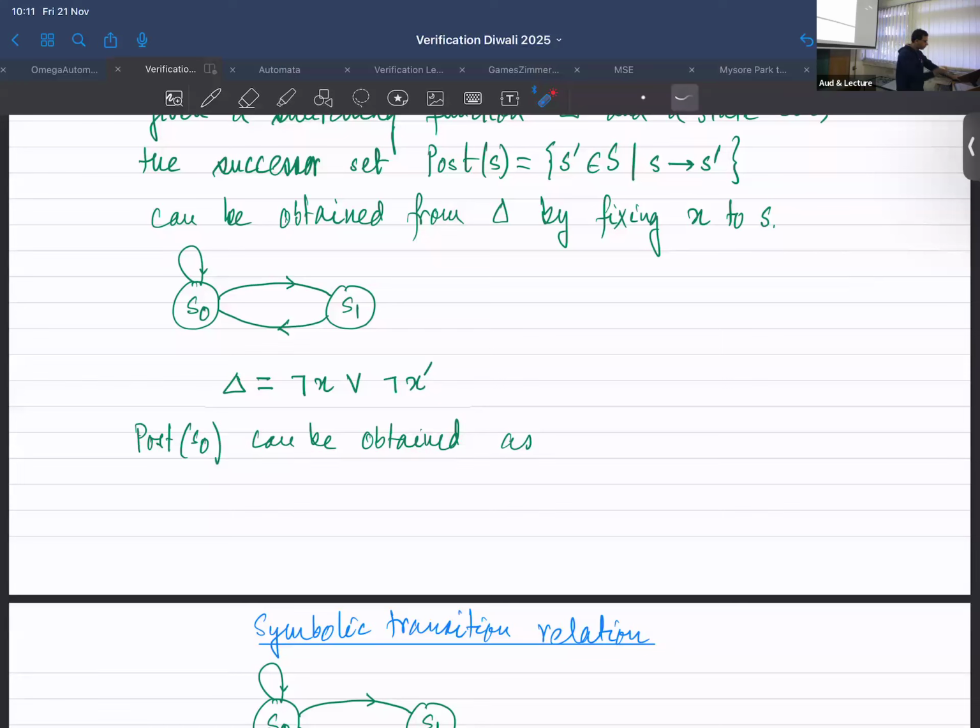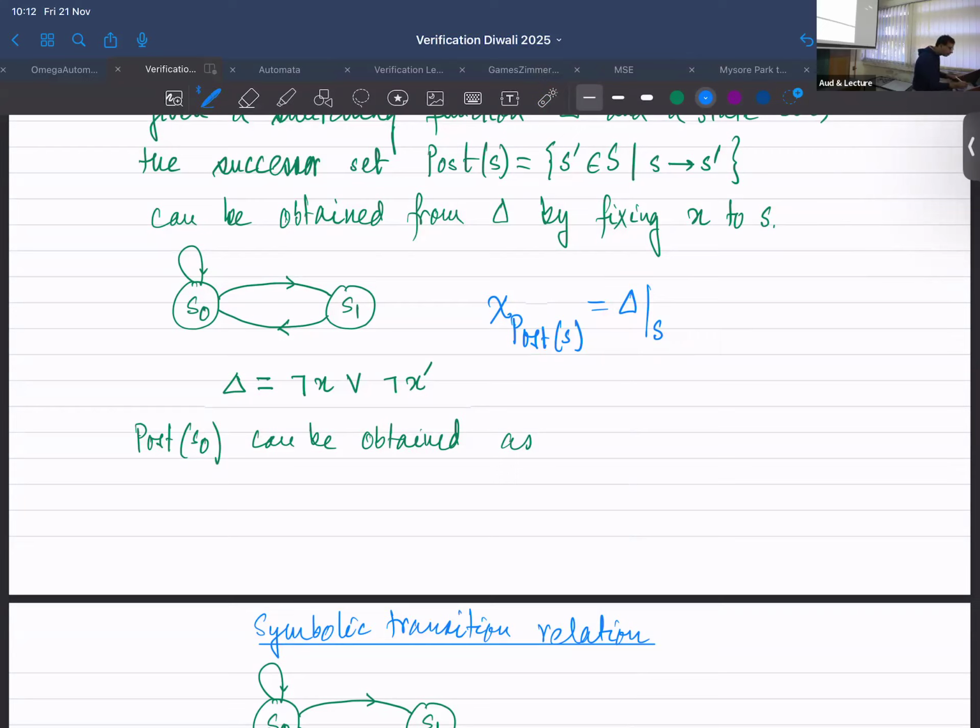So the function corresponding to this post of S will be delta, where I put the specific value of S corresponding to X. And then I'm going to get something in terms of X prime, that is the target.